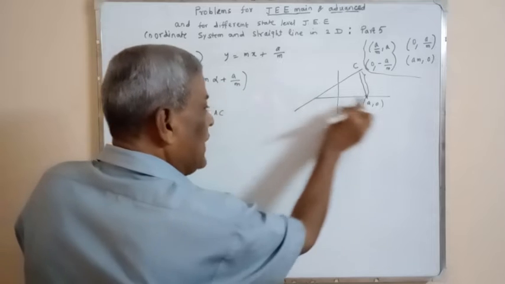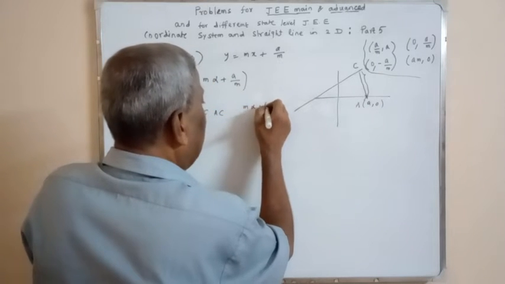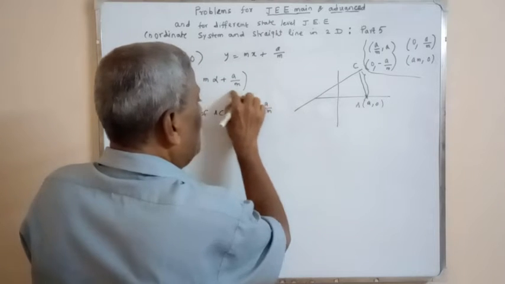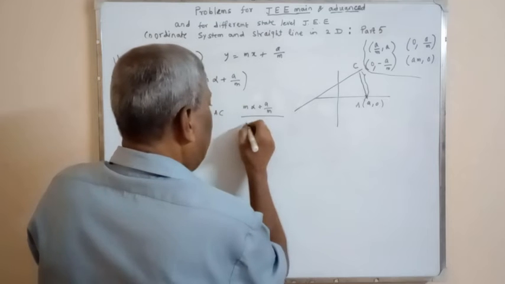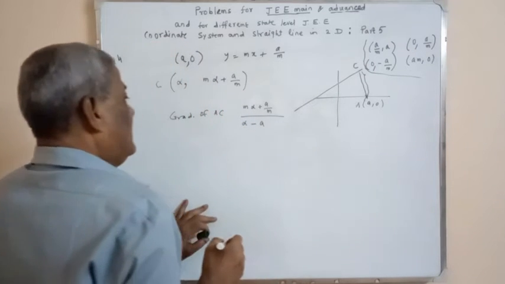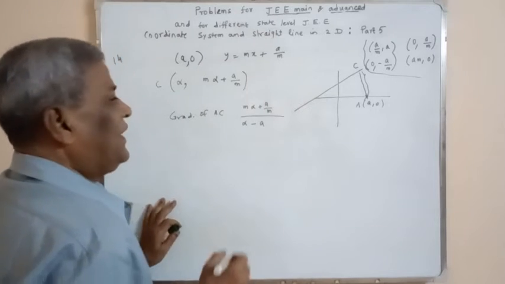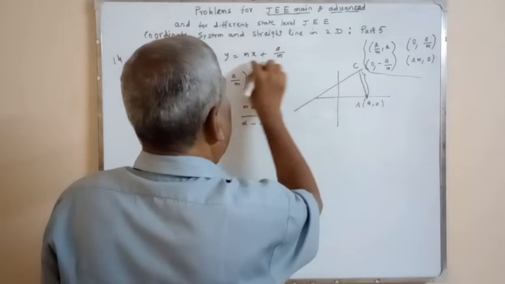So y2 minus y1 is m alpha plus a by m minus 0, divided by x2 minus x1, which is alpha minus a, is the gradient of AC. And very clear that m is the gradient of the straight line.